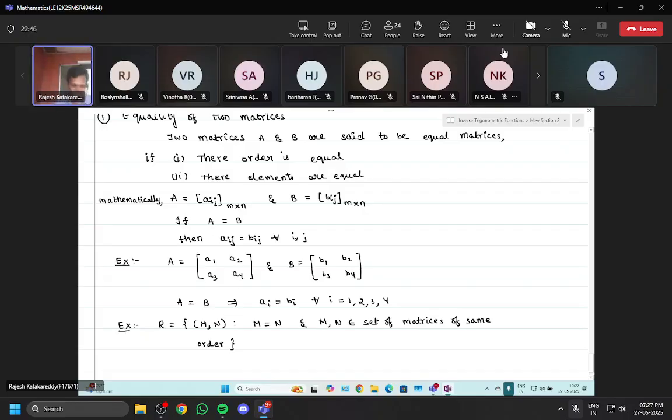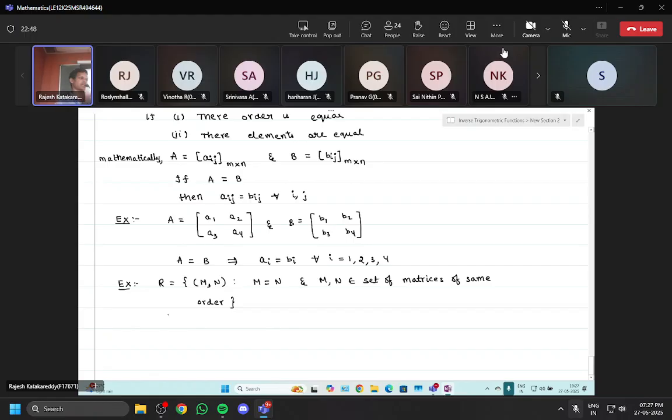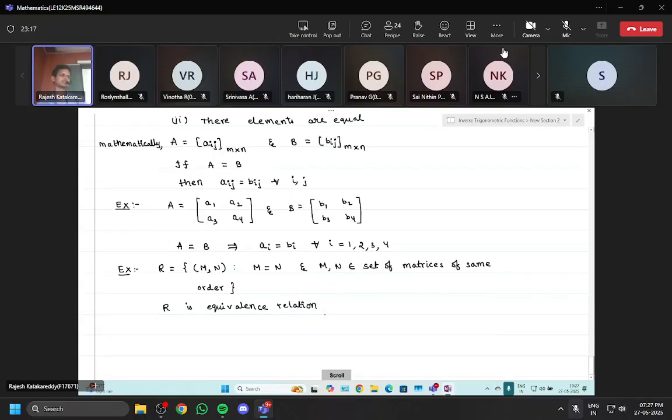Therefore, the relation R here is an equivalence relation. In our book, they have given that a relation defined on the set of matrices of same order is equivalence if they are talking about equality of matrices. Equality on matrices is also an equivalence relation.